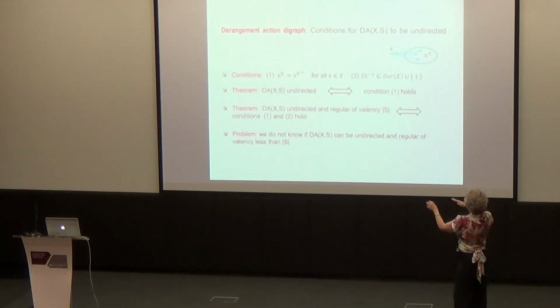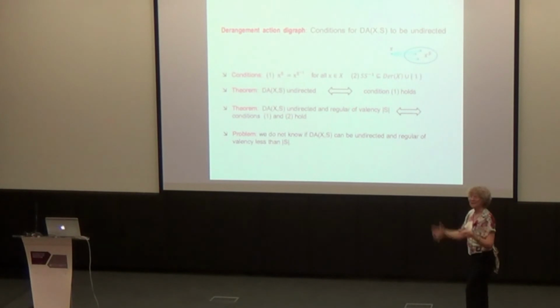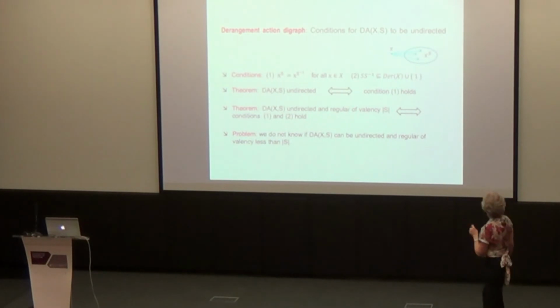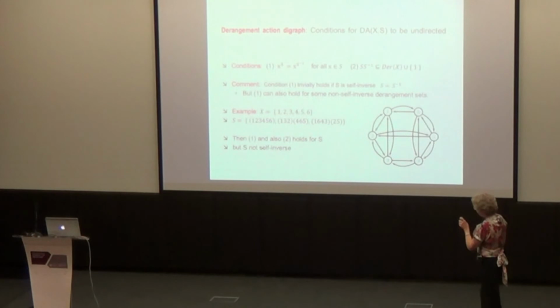Turns out it's undirected and regular of the biggest possible valency if and only if conditions 1 and 2 hold, and this is the condition that I talked about a bit before, that S S inverse has to be a derangement. And again, we do not know conditions for whether it can be undirected and regular of valency less than the size of S. It's again something that we don't really know much about.